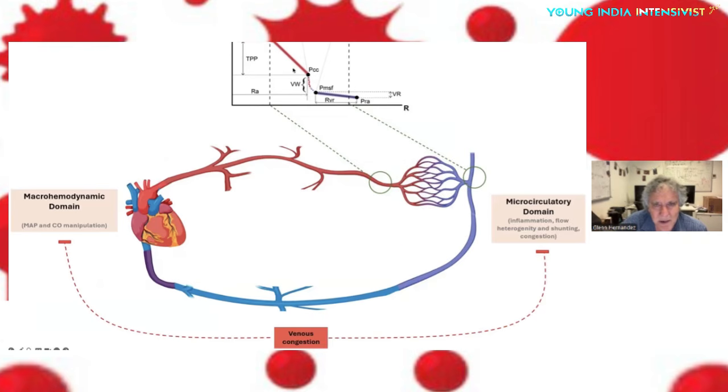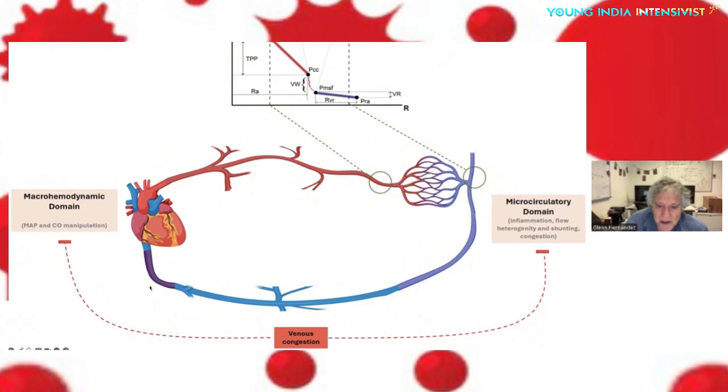And now they speak about this old, very difficult to measure critical closing pressure, the waterfall, which is somehow the driving pressure inside the microcirculation, and the venous side represented by the mean systemic filling pressure. So this is the macro-hemodynamics that we cannot assess easily, except in a research context. But sometimes you increase MAP and improve this, sometimes you deteriorate it without knowing, and this can explain this.